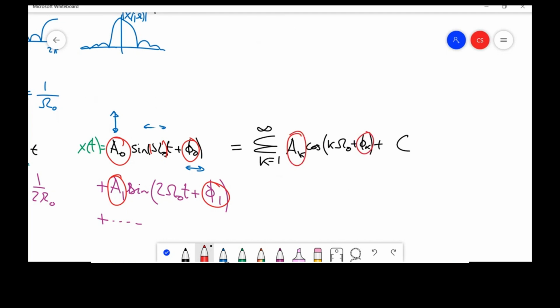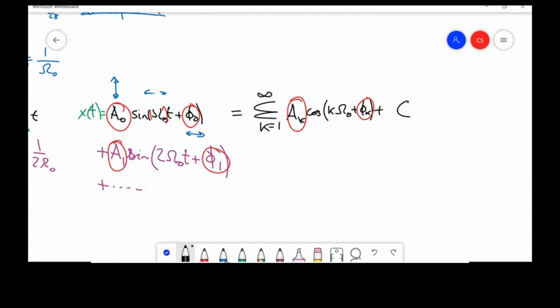Okay, so there is an alternative way of expressing that. Let's use complex numbers. Now the Fourier series can be written in this way: the sum from minus infinity to infinity of a_k e to the j k omega 0 t.